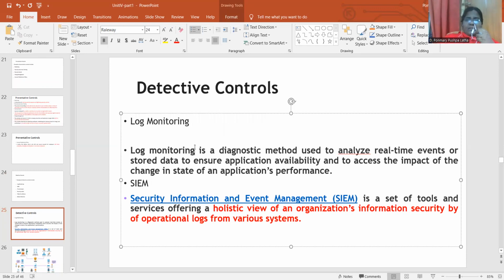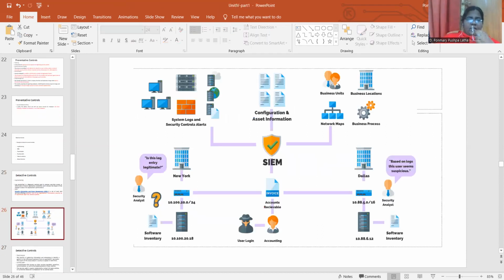Then SIEM, that is security information and event management. It is a set of tools and services. It gives a holistic view of an organization's security by collecting operations logs from various systems, across business units, business locations, and business processes.